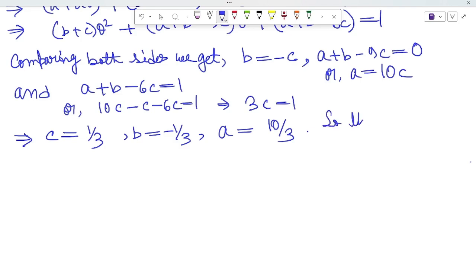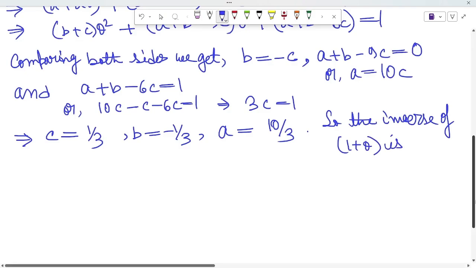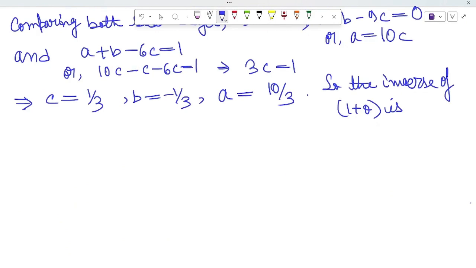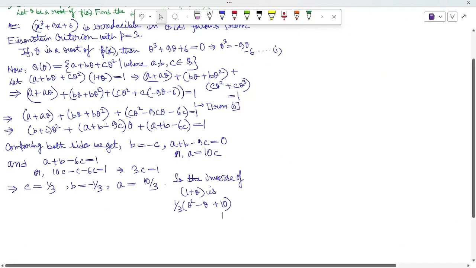So the inverse of 1 plus theta is theta square minus theta plus 10, over 3. Okay, so I think I have made a silly mistake. Sorry.